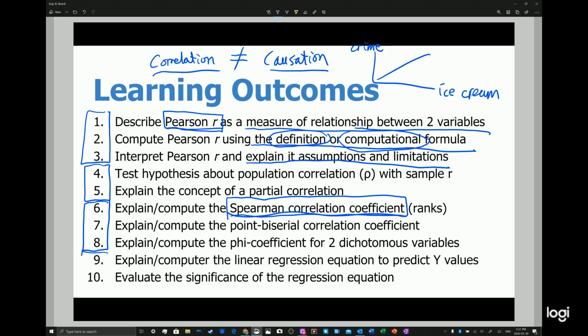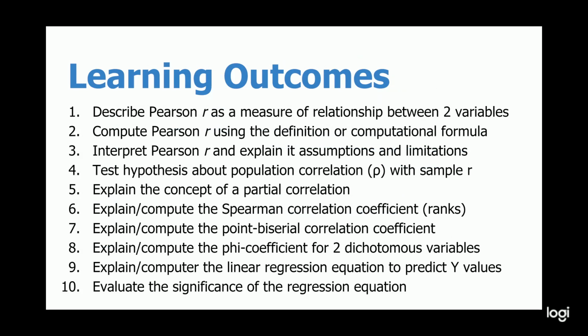Finally, we're going to look at the linear regression equation to predict y values if the variables do have a correlation, and then testing the significance of that regression equation. So let's begin with at least the first three learning outcomes.